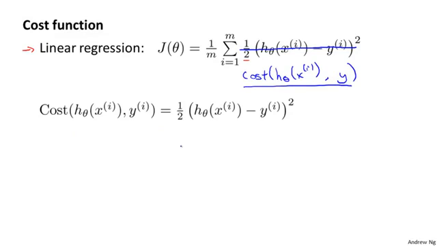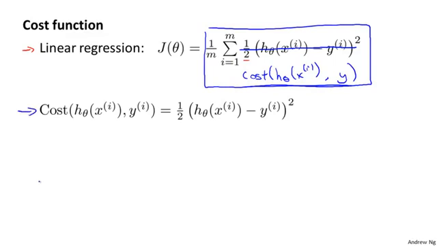It's just equal to this 1/2 of the squared error. So now we can see more clearly that the cost function is 1 over m times the sum over my training set of this cost term here.